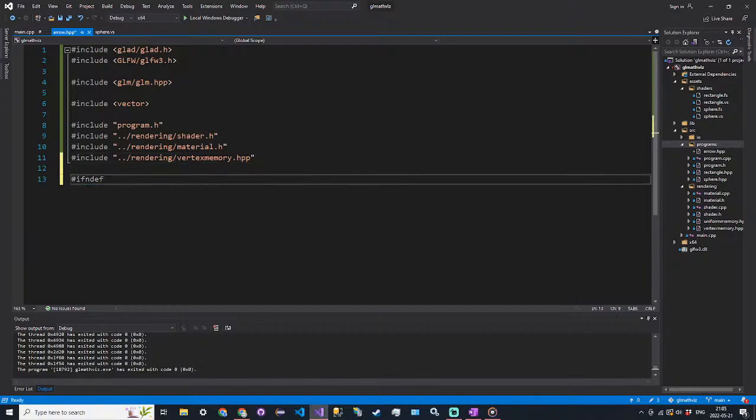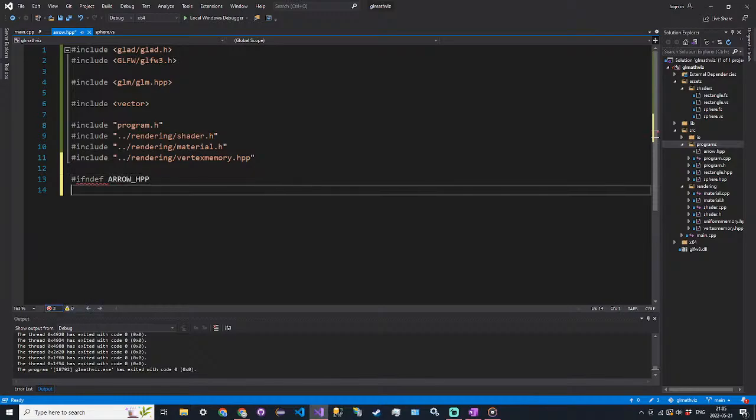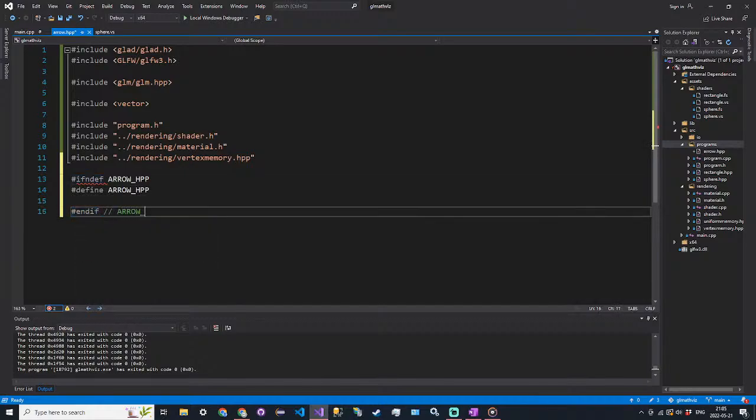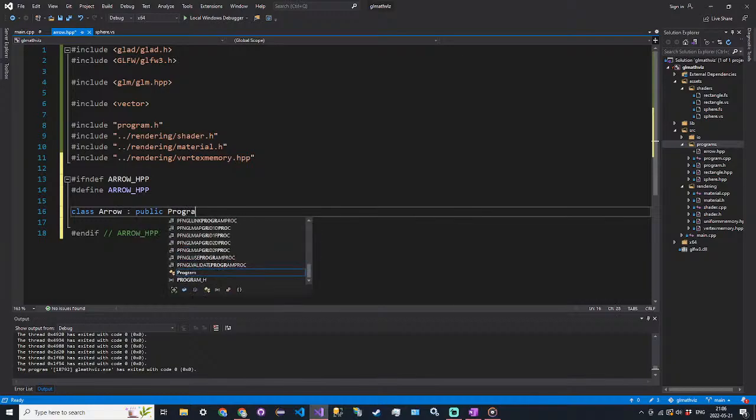So if not defined, arrow HPP, define arrow HPP, and endif. All right, so that's our macro. And then we're going to define our class now. So class arrow, and it inherits public program.